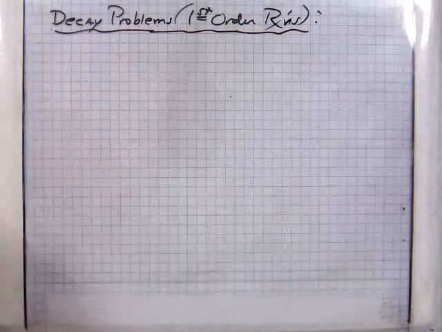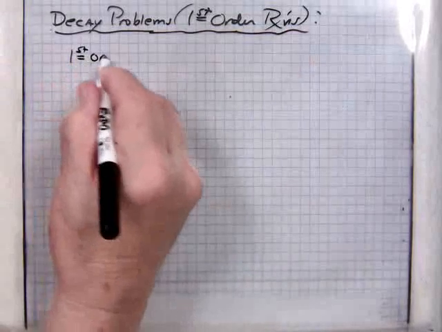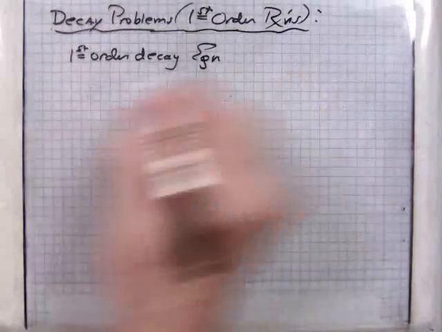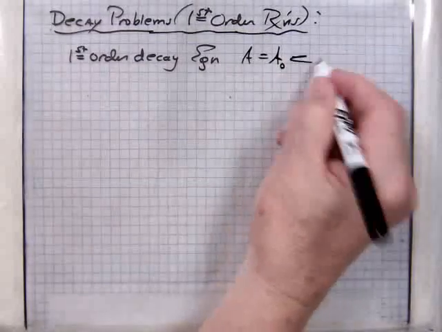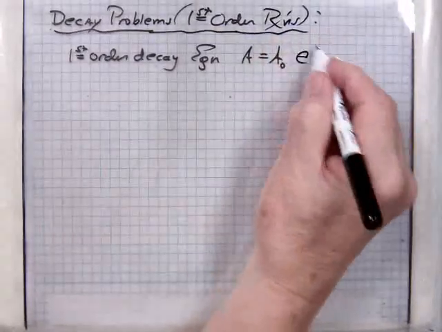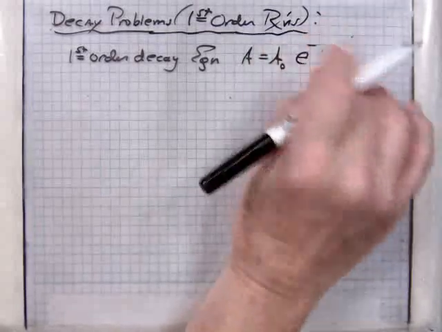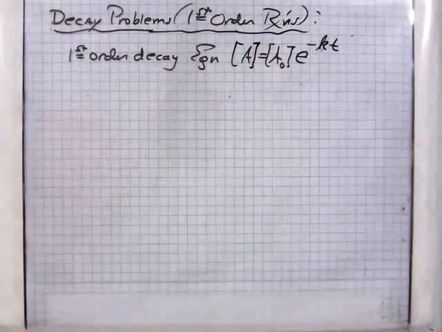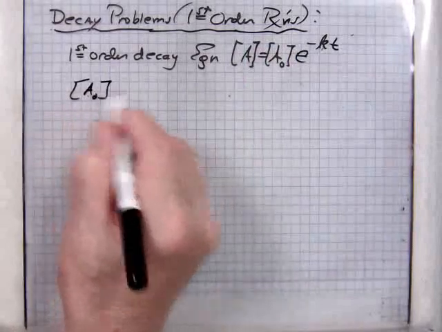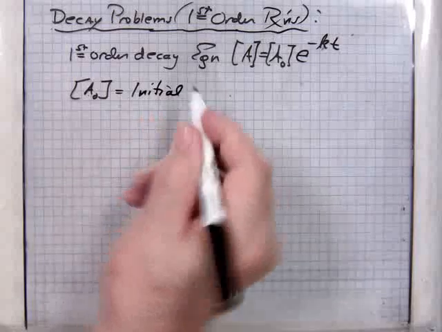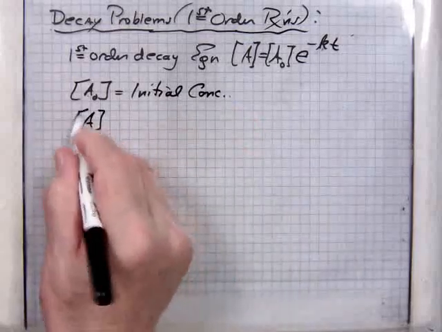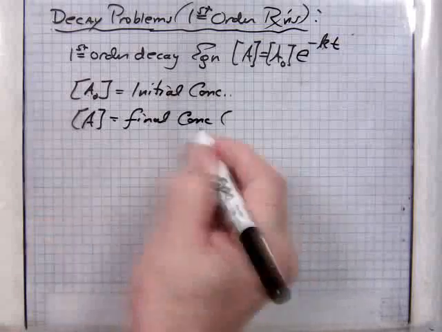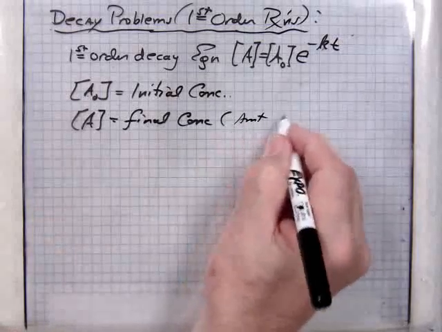The first order decay equation is A equals A naught e to the minus KT, like this, where A naught is the initial concentration, A is the final concentration, and it's important to note here that when we talk about final concentration, it's the amount remaining.